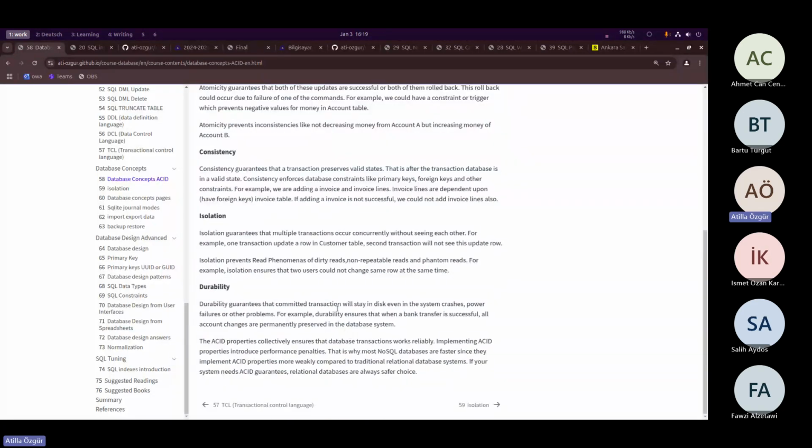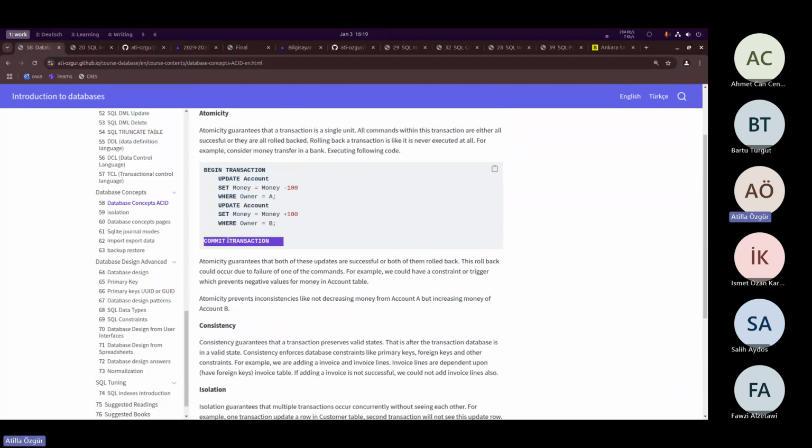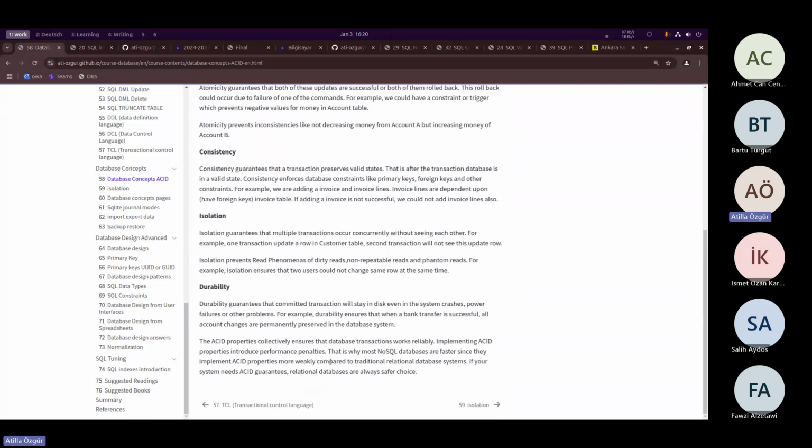And durability means that when I commit a transaction, even if my database crashes, my operating system crashes, electricity goes away, power is gone, apart from a storage error, everything will be durable and stored in the hard disk. This is the second part.